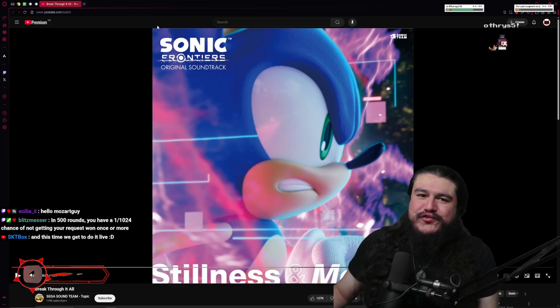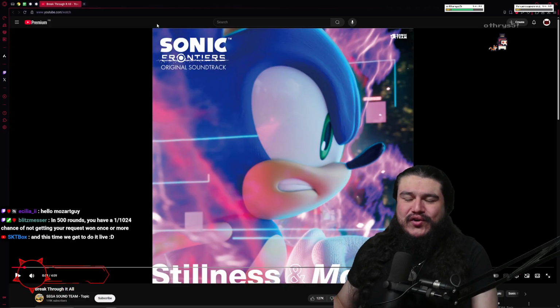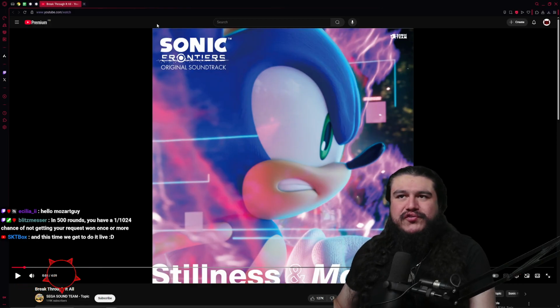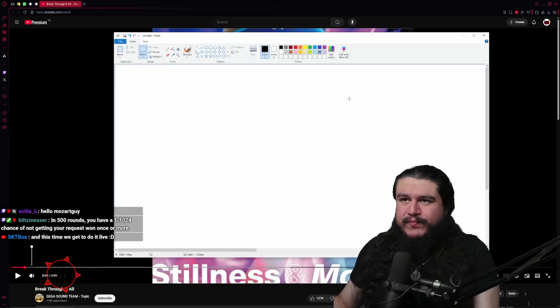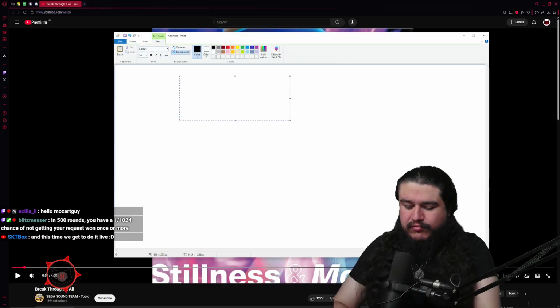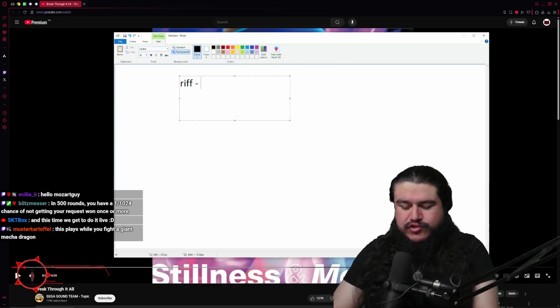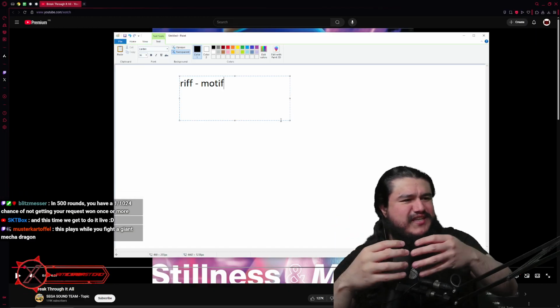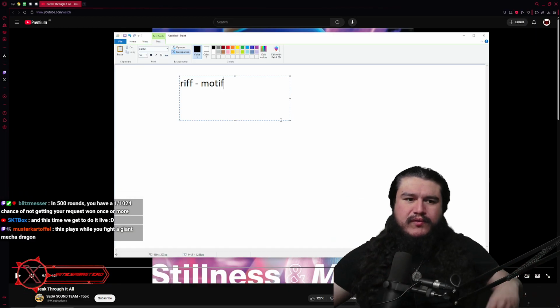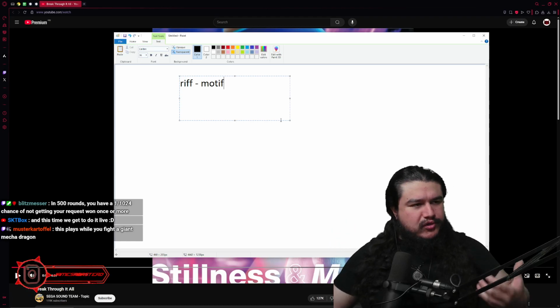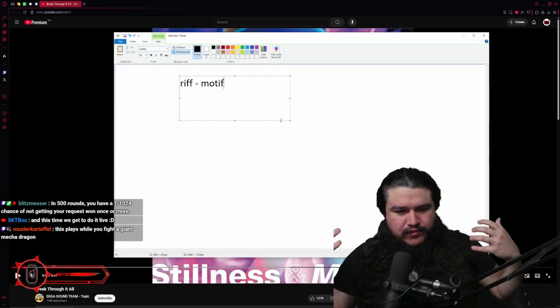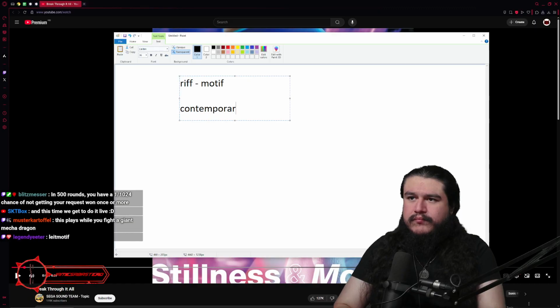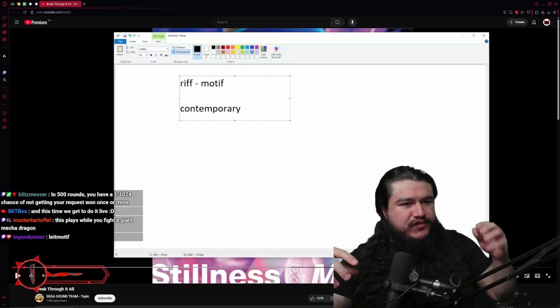Okay, so we start with our guitar and drums, giving us our guitar riff. A guitar riff, or a riff, is a contemporary version of a motif. A motif is the smallest version of your musical idea, the seed, the essence from which everything else comes. The difference is that a riff is a more contemporary thing, meaning it's from nowadays.